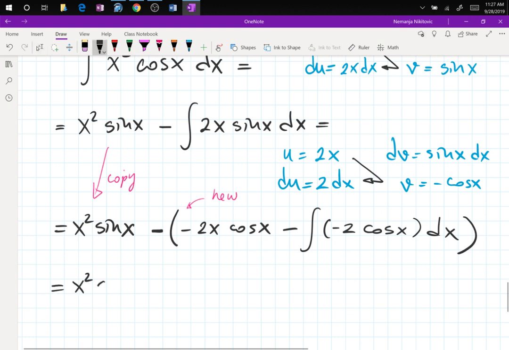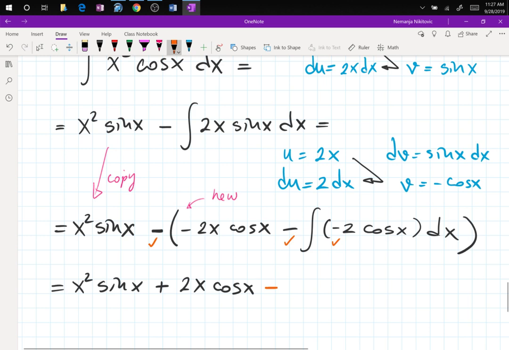Now x squared sine x minus and minus will give me a plus of 2x cosine x, and now I have 3 minus signs, and I'm going to color code these orange. 1, 2, 3. It's going to give me a minus sign. Usually this is where your grade dies a little bit on a test. You don't see the 3 minus signs.